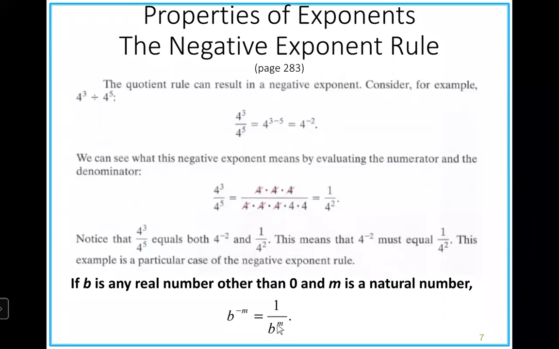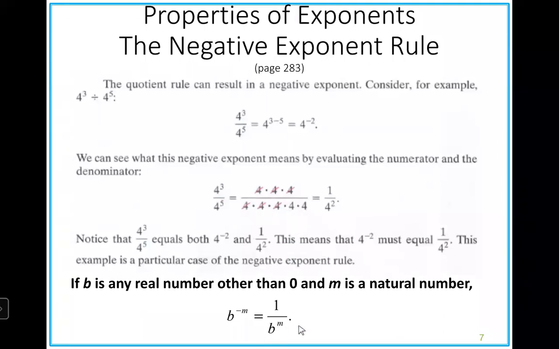You notice once you put it in fraction form, you eliminate the minus sign in the power. Another way of writing b to the negative m is 1 over b to the m. Note there's no negative sign once we change it into that fraction form. That is what is called the negative exponent rule.